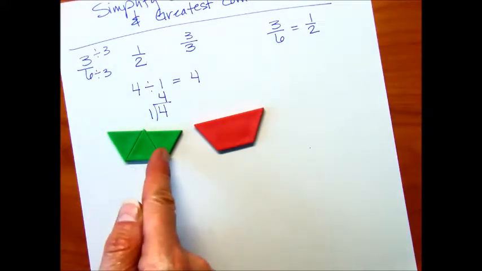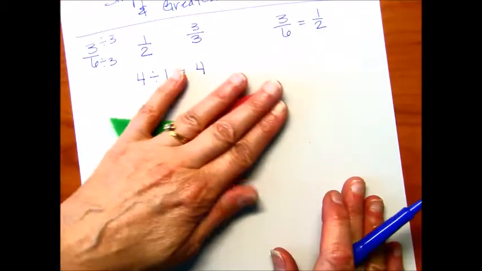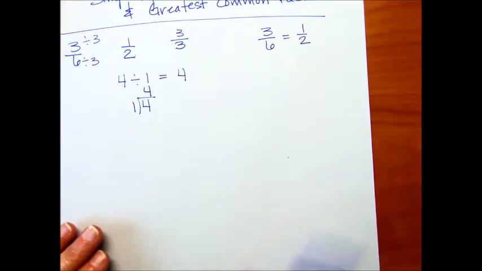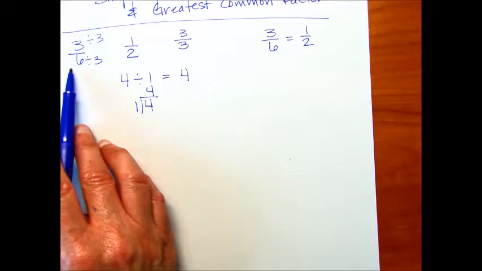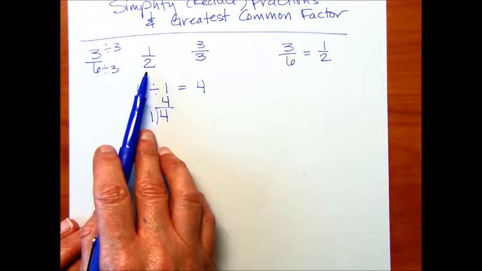It's the same amount, it's just organized differently. So that's really what reducing fractions is all about. We're changing the numbers into their lowest form, but the numbers are going to be representing the same amounts.